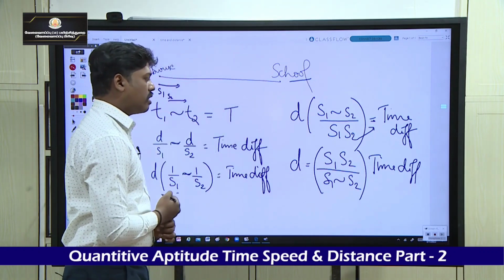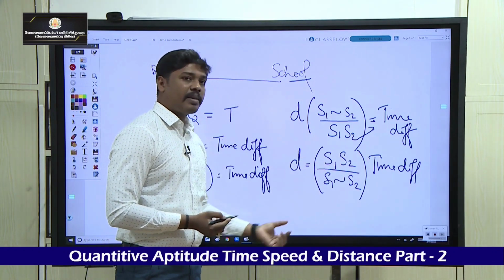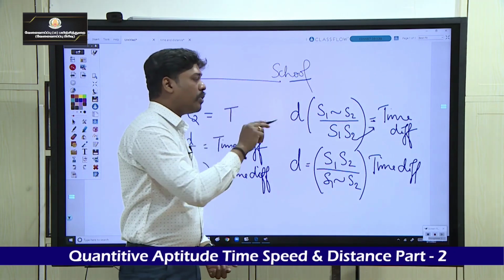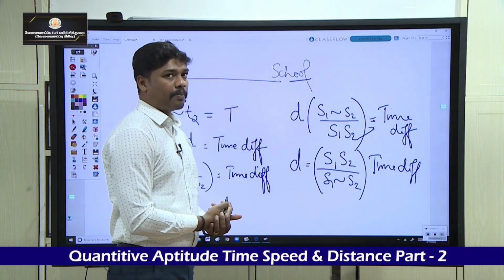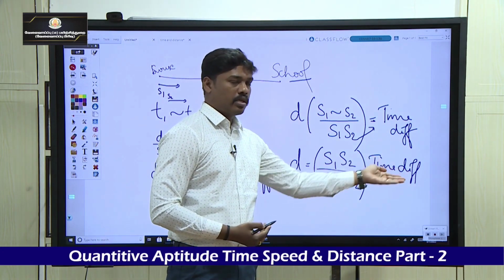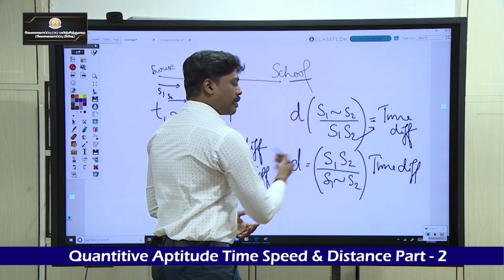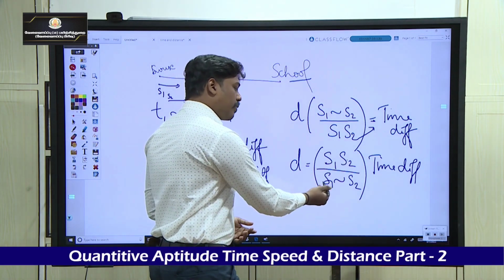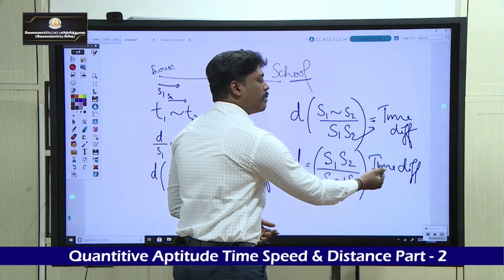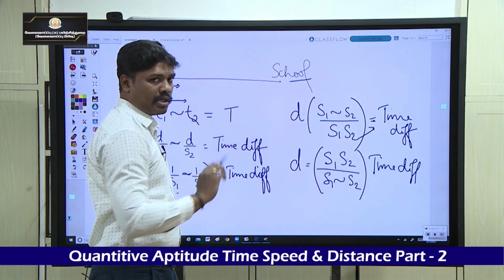Previous time what we saw? We saw distance equal to S1 into S2 divided by S1 plus S2 into time. That was total time. So here it is time difference. So distance is equal to S1 into S2 divided by S1 difference S2 into time difference. So note the difference between two formulas there.